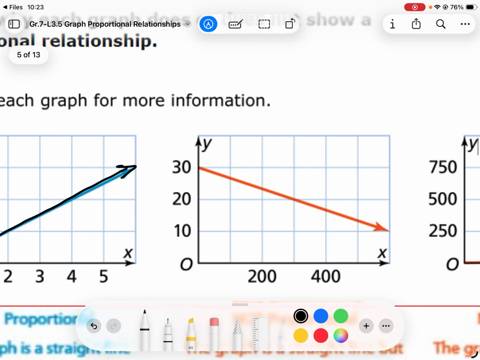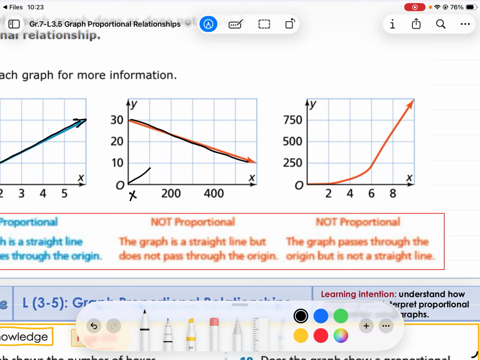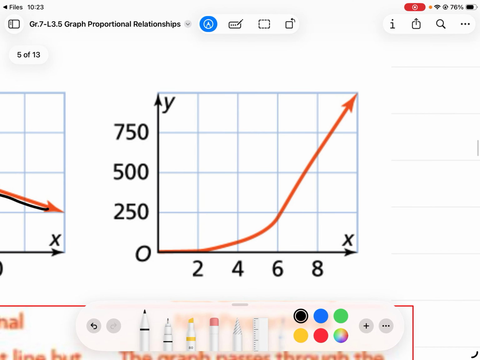Look at the second one. It's a straight line, but does it pass through the origin? No, it doesn't. So we cannot call this a proportional relationship. It's not proportional. And the last one, is it a straight line? No, that's definitely not a straight line.